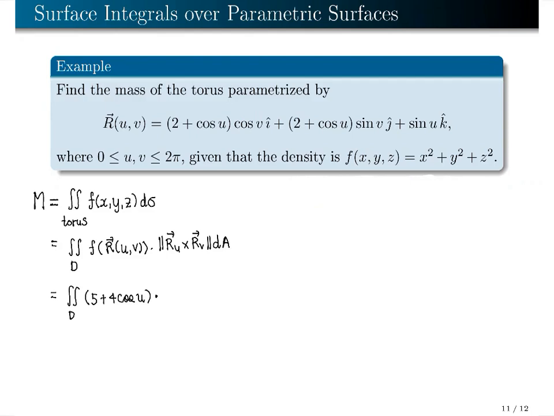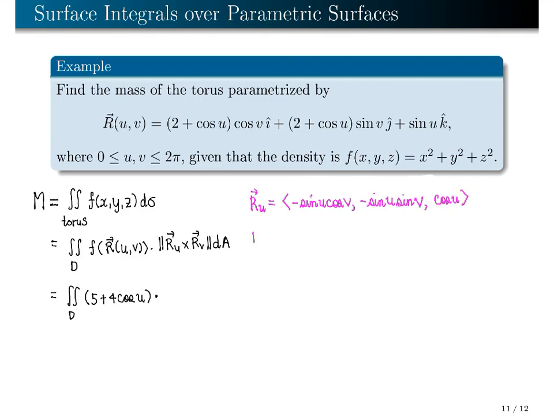We now compute the magnitude of ru cross rv. For this, we need to find ru, rv, and ru cross rv. To obtain the components of ru, we need to find the partial derivative of each component of r of uv with respect to u. Hence, ru has x component, negative sine u cosine v, has y component, negative sine u sine v, and has z component, cosine of u.